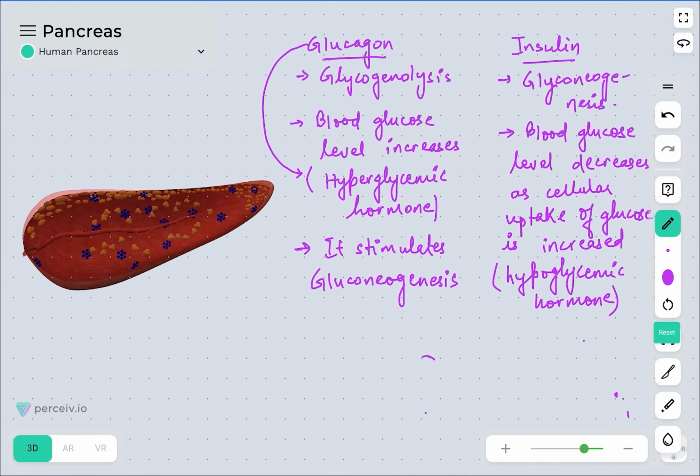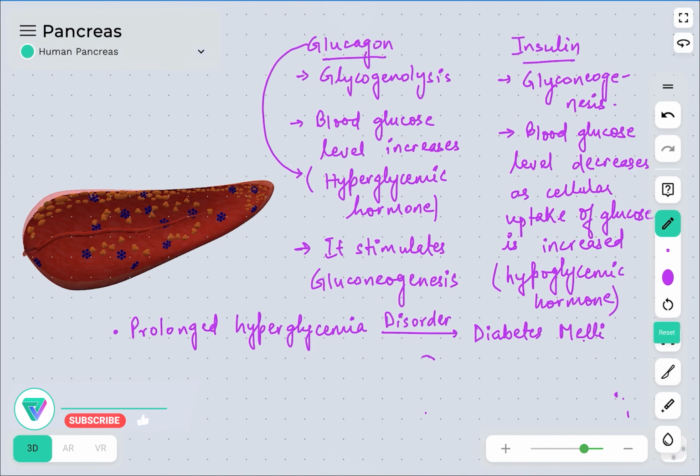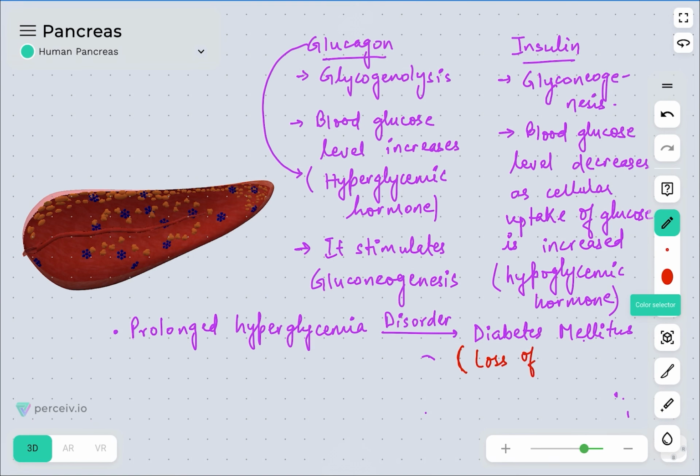Now, if the hyperglycemia is prolonged, prolonged hyperglycemia causes a disorder called diabetes mellitus, in which there will be loss of glucose through urine.